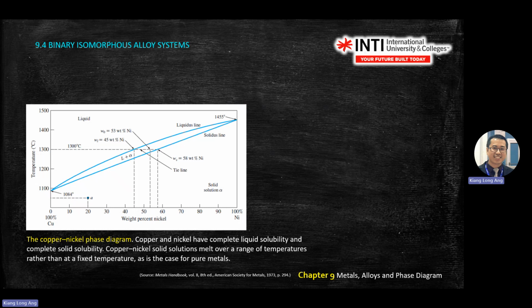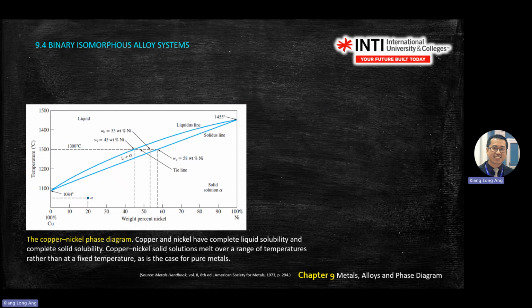To avoid confusion, because here you see 0 and 100%, you might confuse whether this is copper or nickel. Most of the time it will also give you hints. The influencing element actually is nickel, so it is the weight percentage of nickel. The more you move to the right, the more nickel, up to 100%.